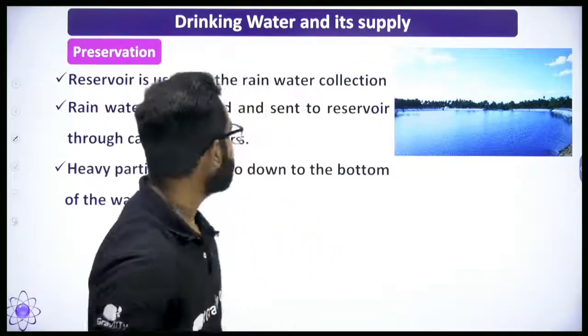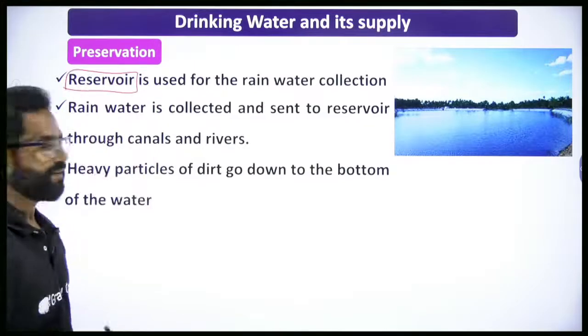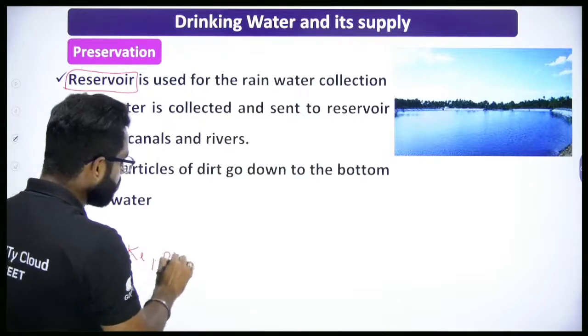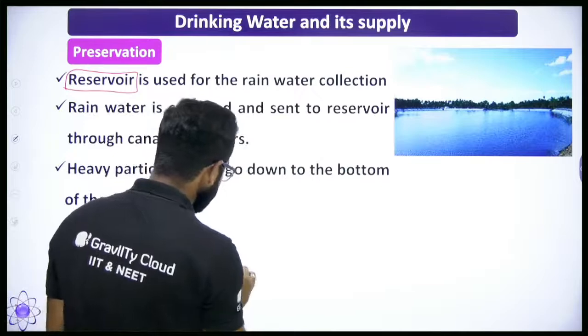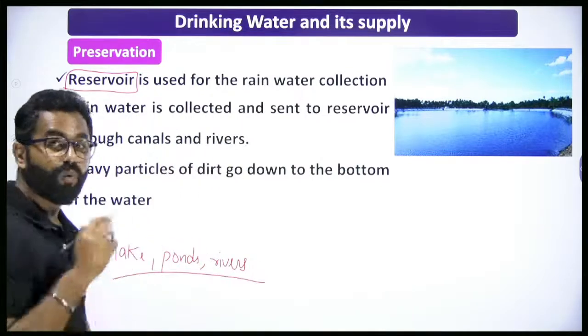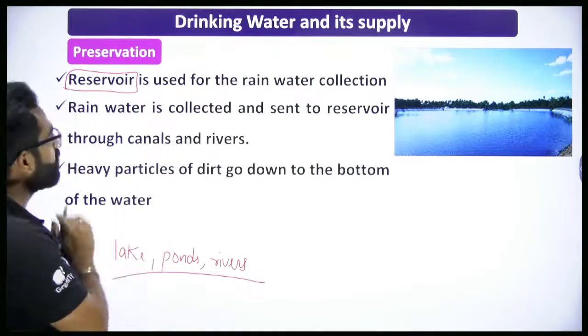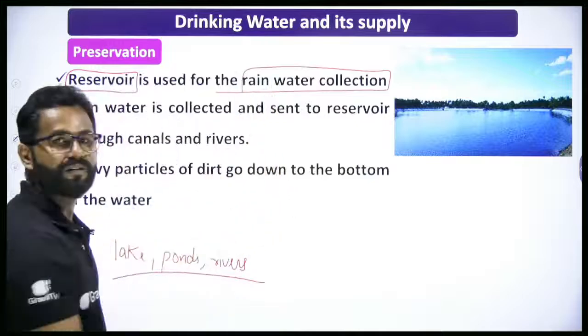So basically, we have the water reservoirs. Reservoirs like lakes, just like I told you, ponds, or even rivers, these are actually the water reservoirs. These reservoirs are used for rainwater collection, right?